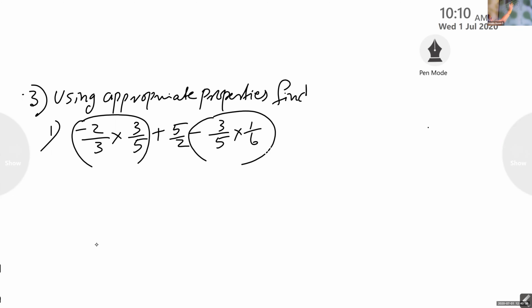First term and last term have 3 by 5 as common factor. So, we are collecting those 2 terms together. So, negative 2 by 3 into 3 by 5 minus 3 by 5 into 1 by 6. Finally, this plus 5 by 2.